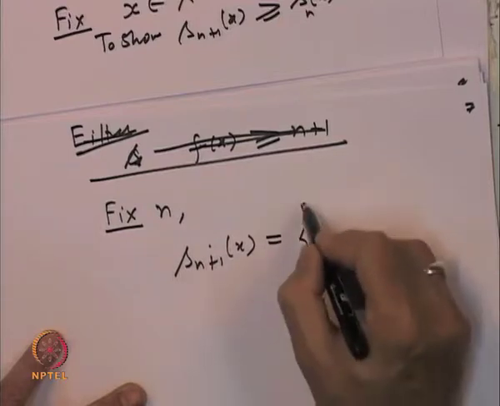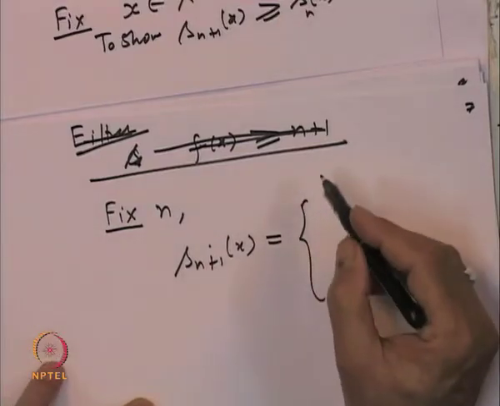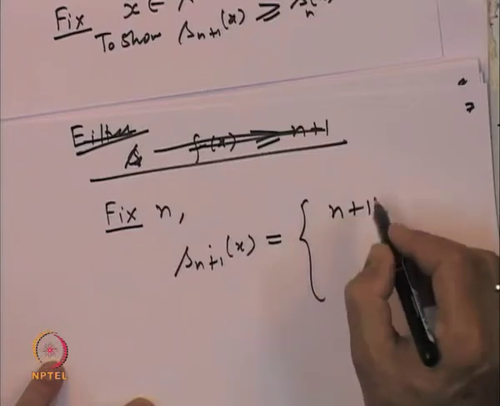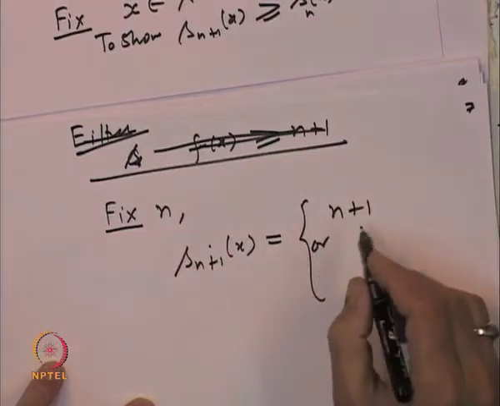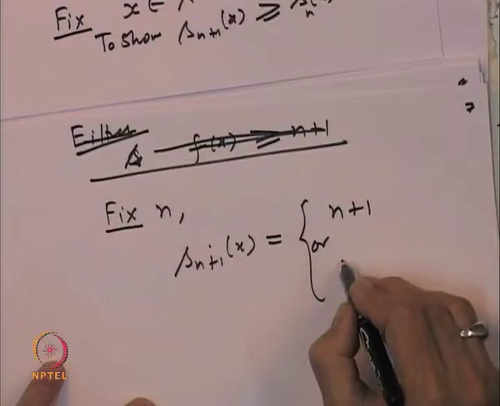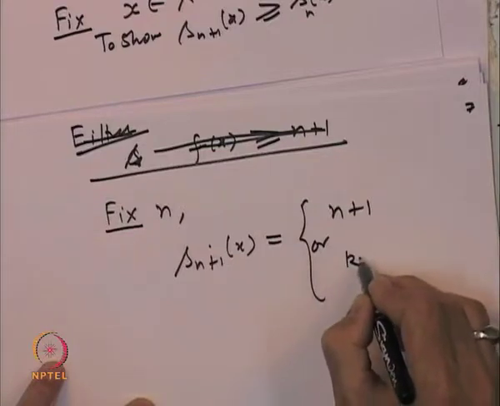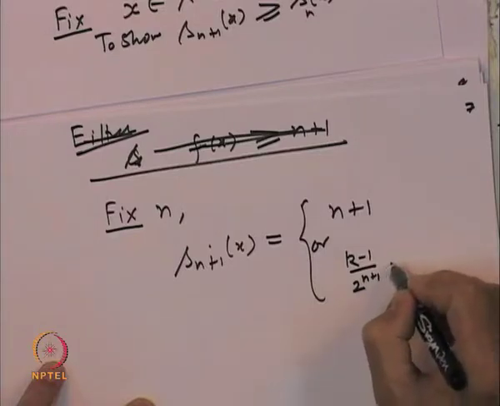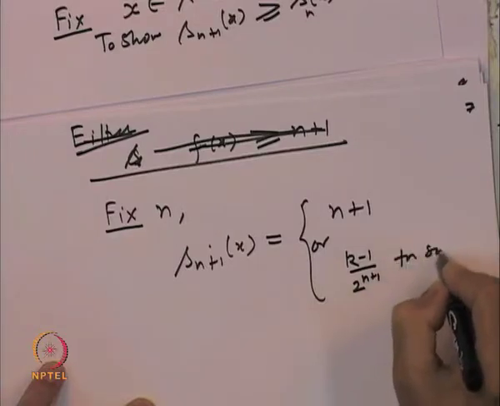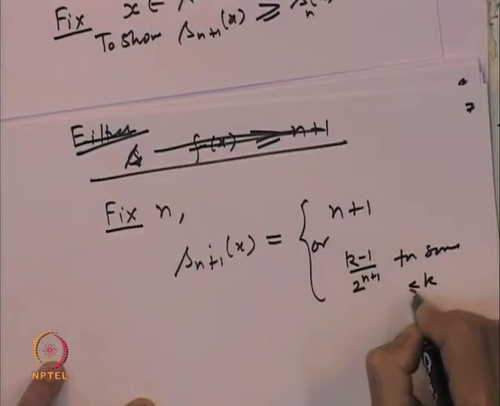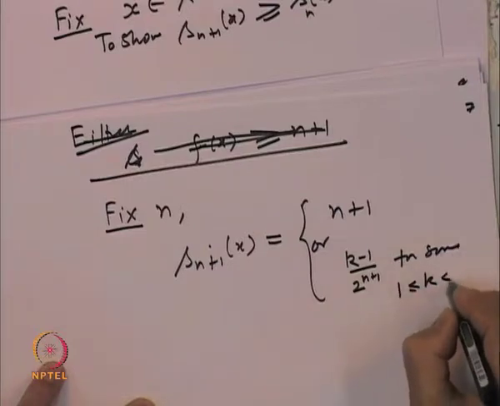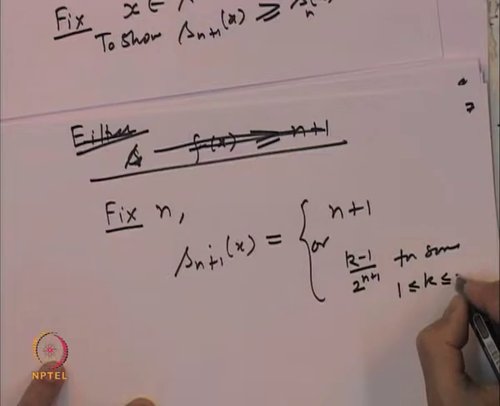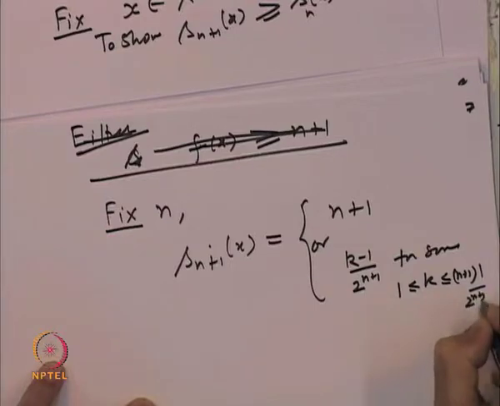That is going to depend upon whether it is n plus 1, or it is going to be some k minus 1 over 2 to the power n plus 1, for some k between 1 and n plus 1 times 1 over 2 to the power n plus 1.